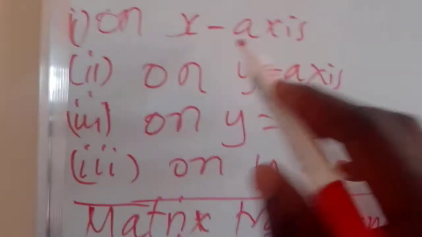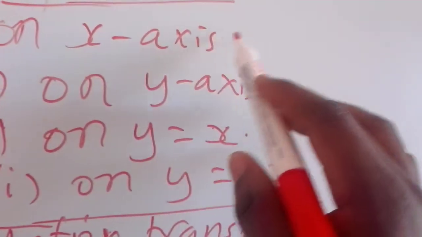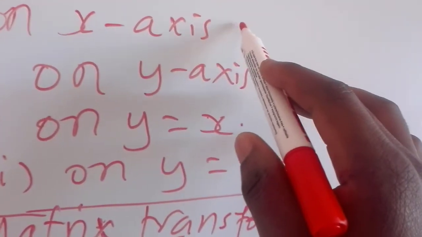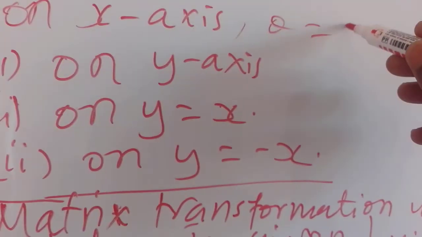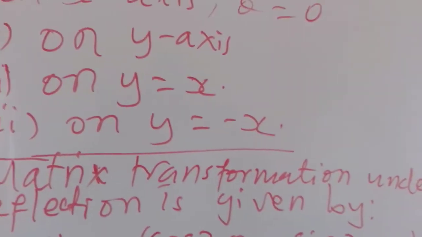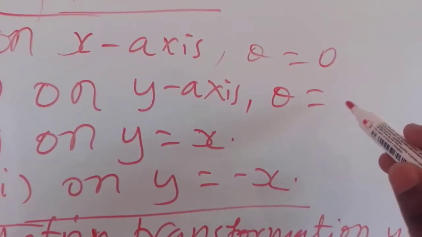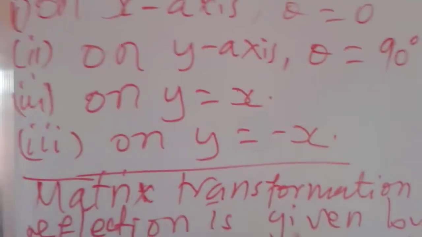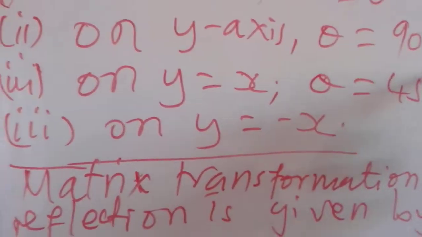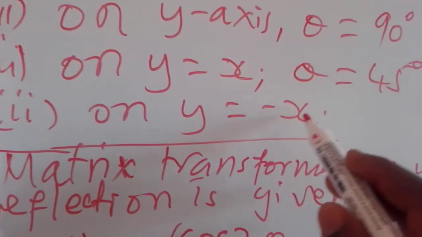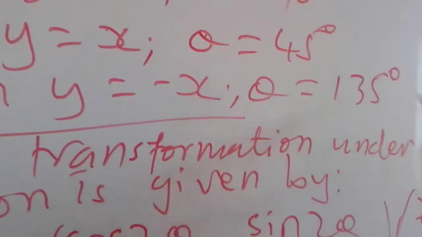For instance, when the point is reflected on the x-axis, theta equals 0 degrees, and on the y-axis, theta equals 90 degrees. On y equals x, theta equals 45 degrees, and on y equals negative x, theta equals 135 degrees.